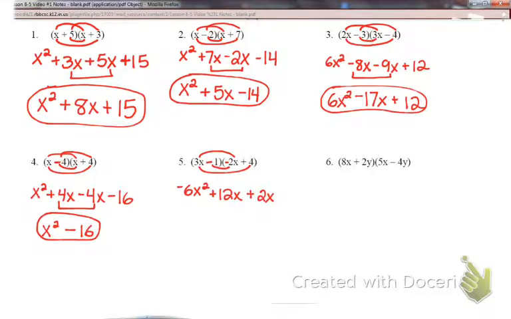And my lasts will give me negative 4. Negative 1 times 4, negative 4. Combine like terms just right there in the middle. That'll give me 14x. So my final answer is negative 6x squared plus 14x minus 4.